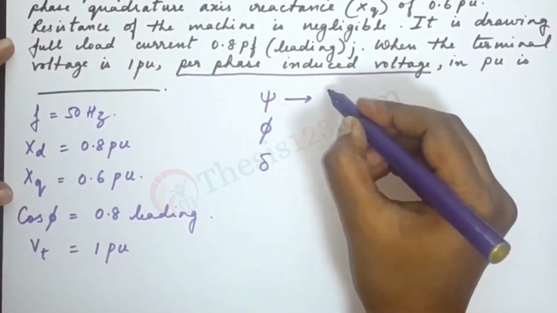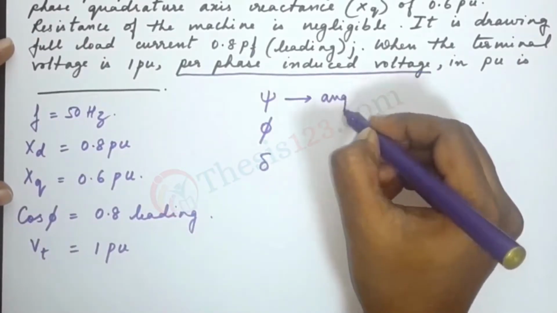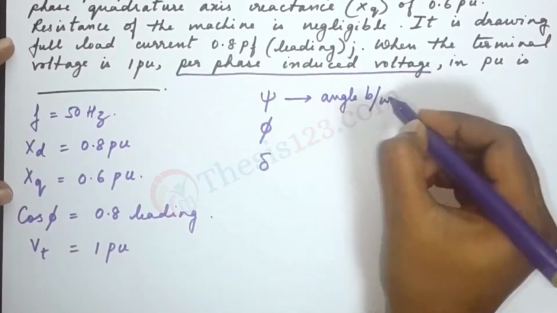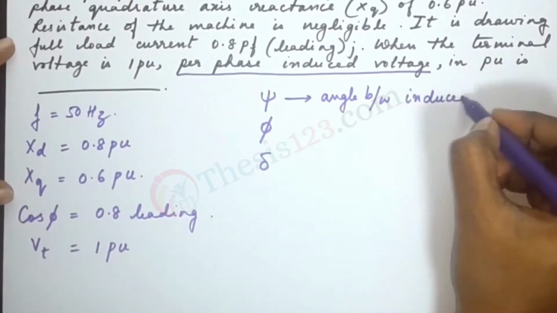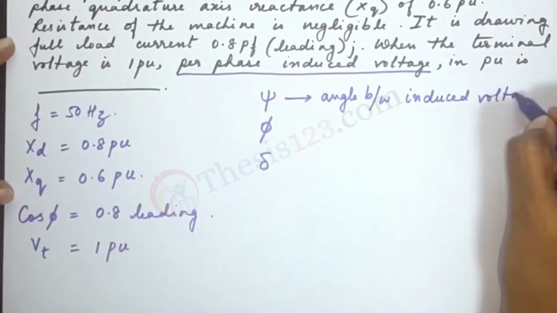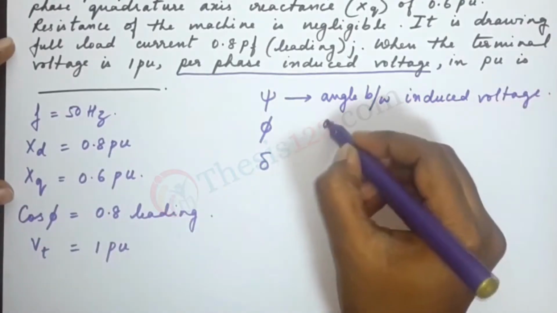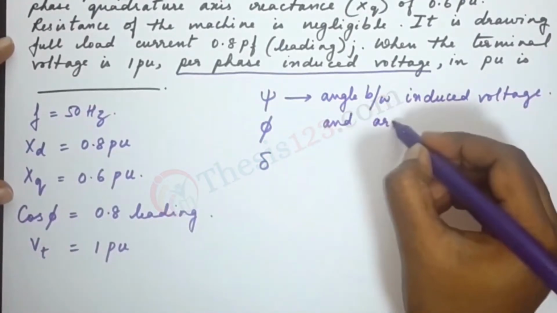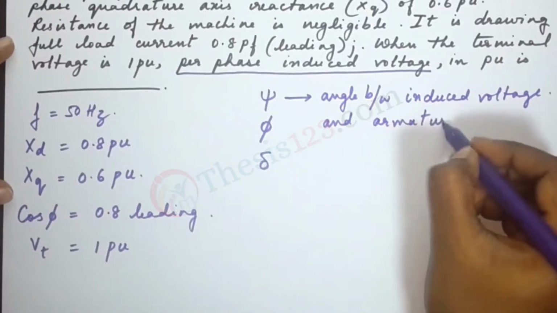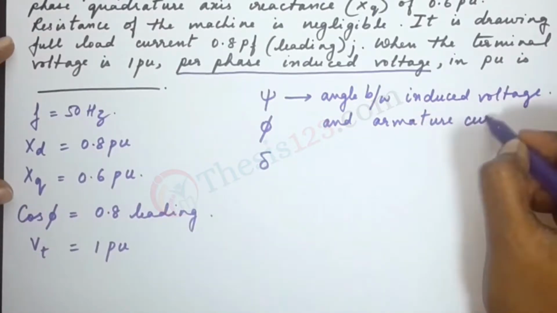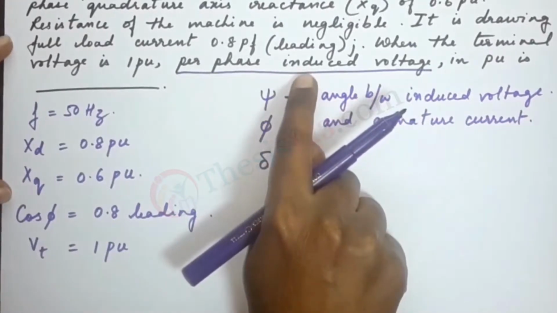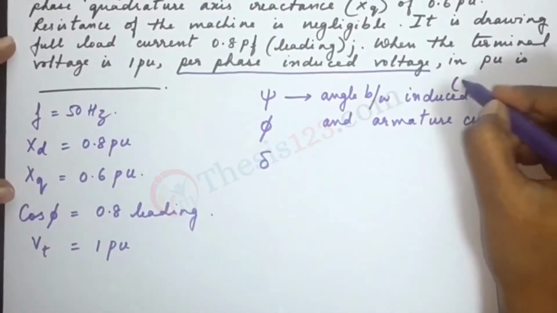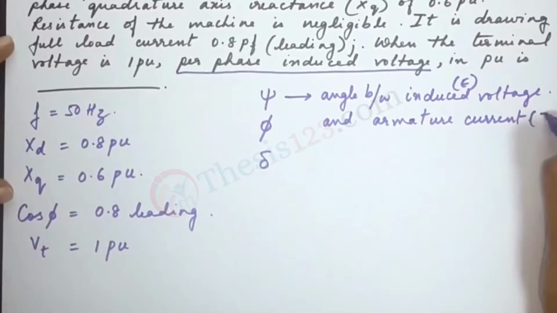While psi is the angle between induced voltage and armature current. Induced voltage is what we need to find. Let's call that E. Armature current is IA.